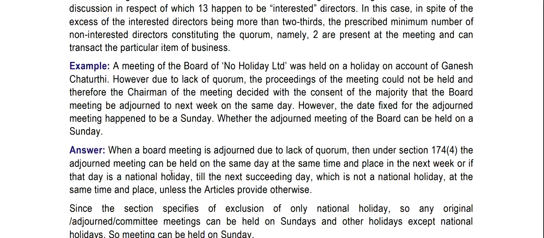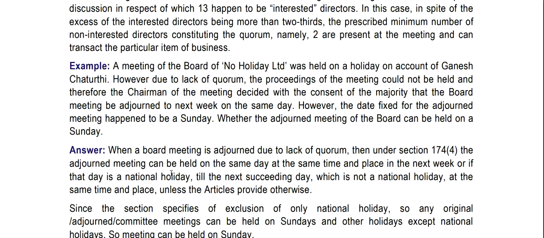When a board meeting is adjourned due to lack of quorum, then under section 174 subsection 4, the adjourned meeting can be held on the same day at the same time and the same place in the next week, or if that day is a national holiday, on the next succeeding day which is not a national holiday, at the same place and time, unless the articles provide otherwise.